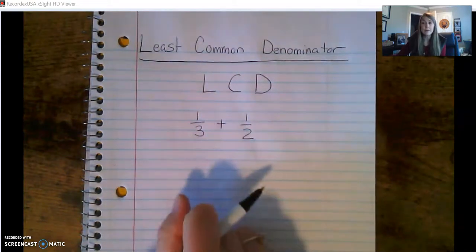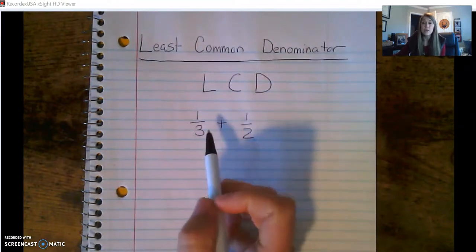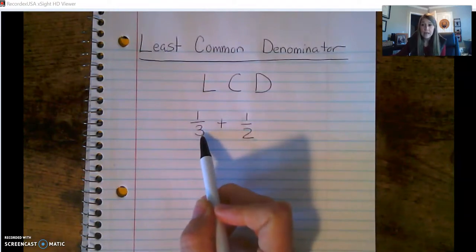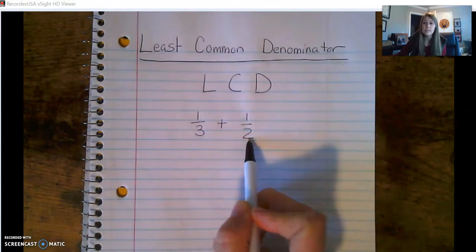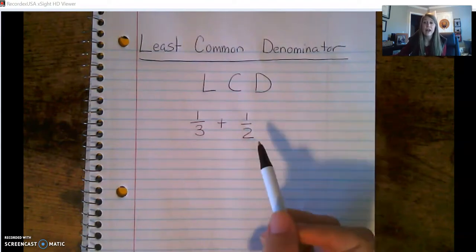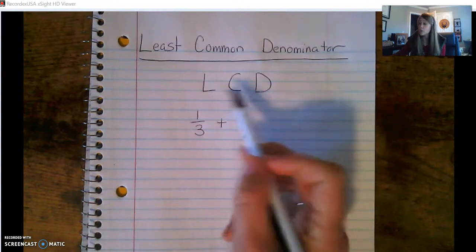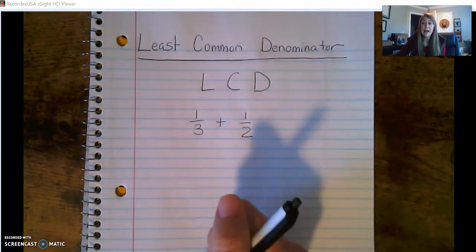We'll look more at how to solve this problem on Thursday, but today we need to know, what can I do to these fractions to create equivalent fractions that have a common denominator, a denominator that is the same? Because the only way that we can add and subtract fractions is if their denominators are the same. So the LCD, the least common denominator, is going to help me do that.